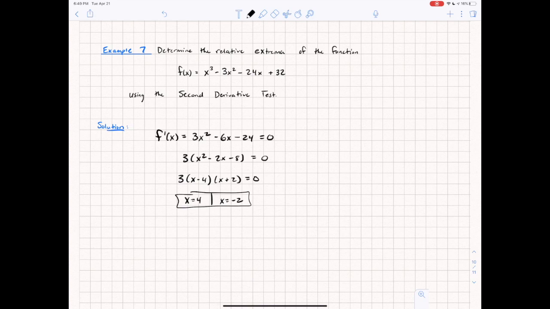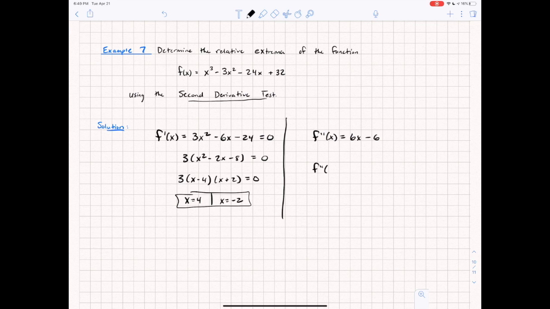Now to determine what these are, the second derivative test tells me to take these critical numbers and plug them into the second derivative. So the second derivative would be 6x minus 6. And again, I want to plug these values into here, and the sign, whether it's positive or negative, will imply concavity, which tells me whether I have a max or a min, right?